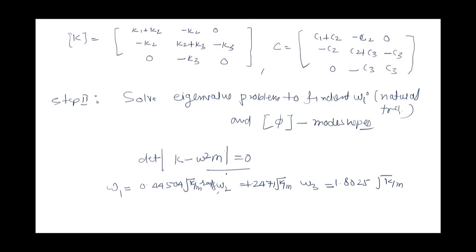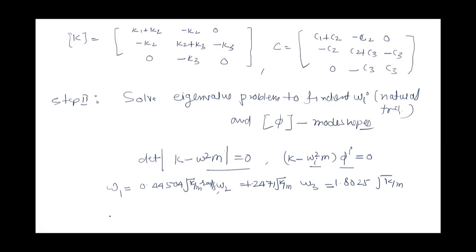And when we replace these values into k minus omega square m, phi, this is omega i, phi i is equal to 0. If we replace the values of omega i's here, then we can find the phi i's or mode shapes.